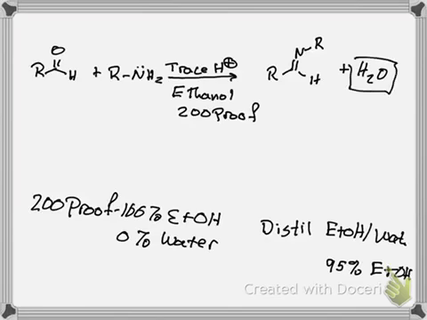Not having any water in the ethanol to start with means that the ethanol will simply dissolve this water away from the reaction, and that pushes you in favor of the product side of the equilibrium.